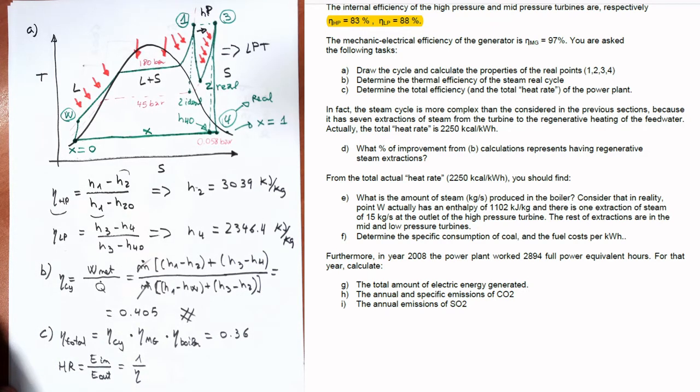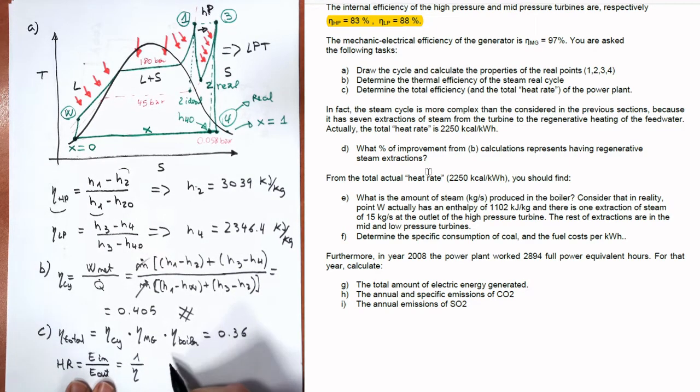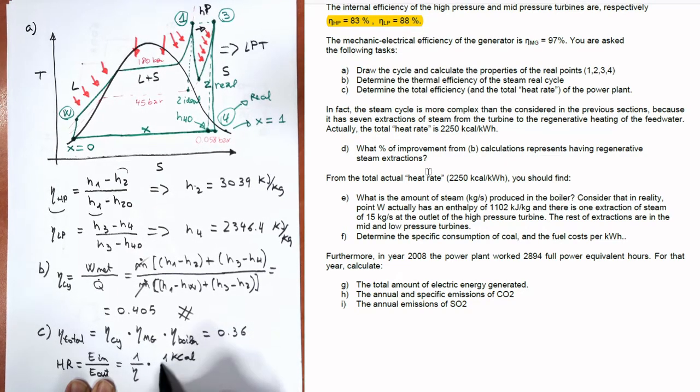But heat rate is usually expressed in units of kilocalories divided by kilowatt hour, so we need to multiply this number by 1 kilocalorie, which is equivalent to 0.00163 kilowatt hour.